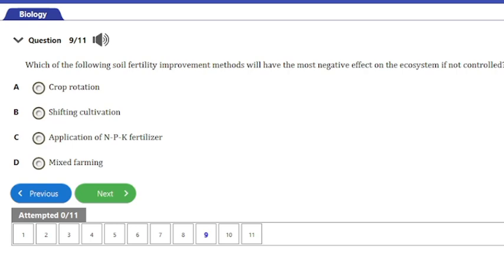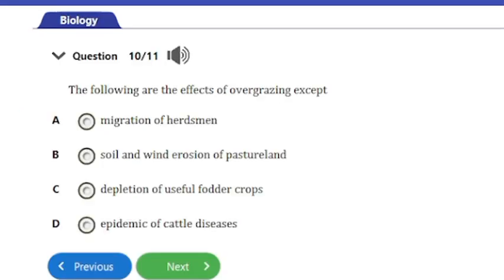So actually the fertilizers will have a couple of negative effects on the ecosystem, including the fact that it can be hazardous when it enters our water bodies and the rest of them. If ingested, it can also cause a lot of challenges. So guys, that's why option C here is the answer to this question. So let's go ahead and consider the next question.